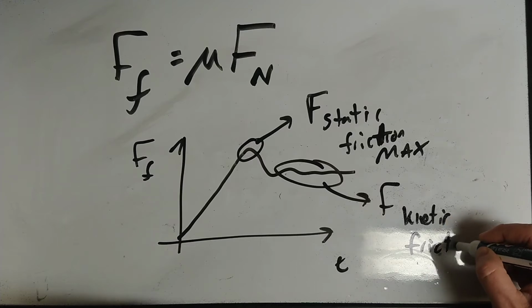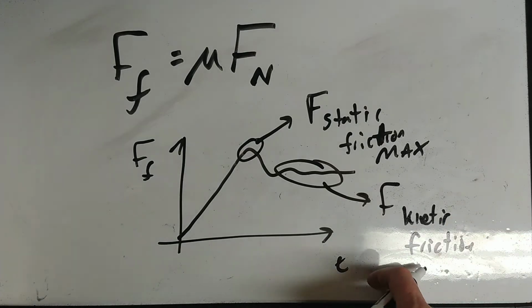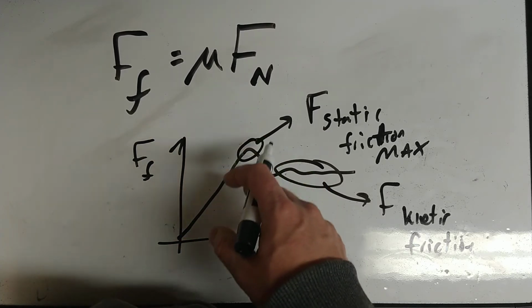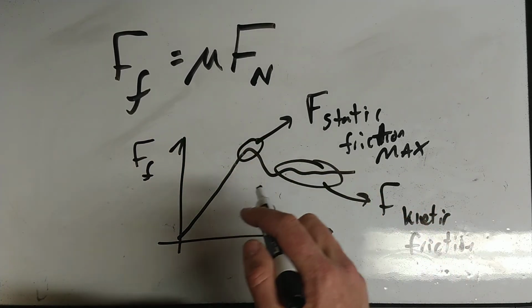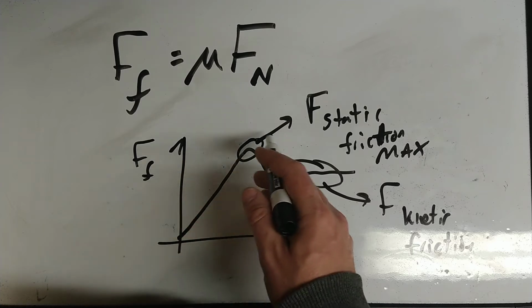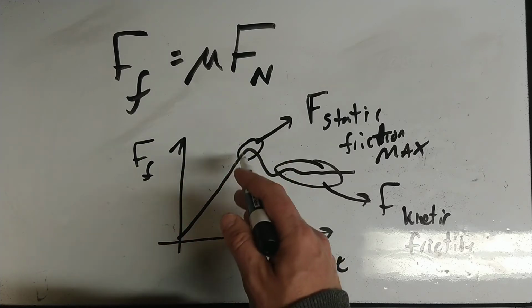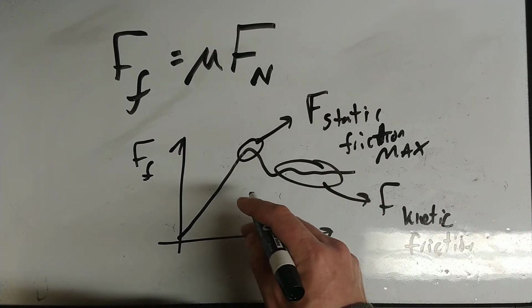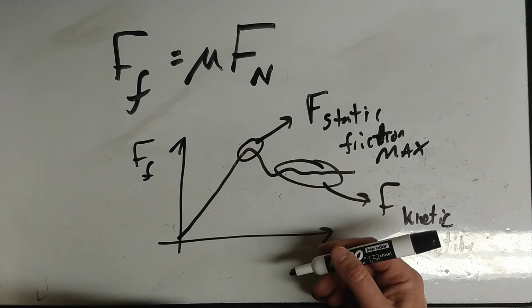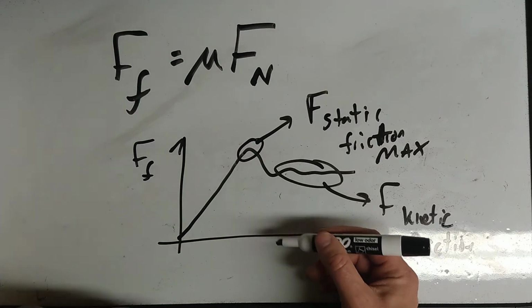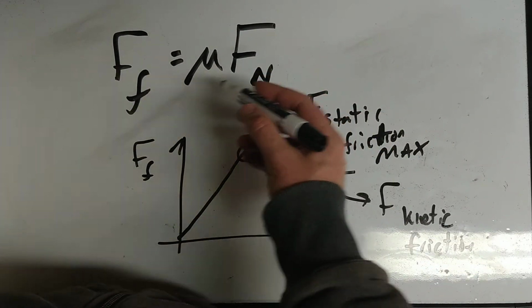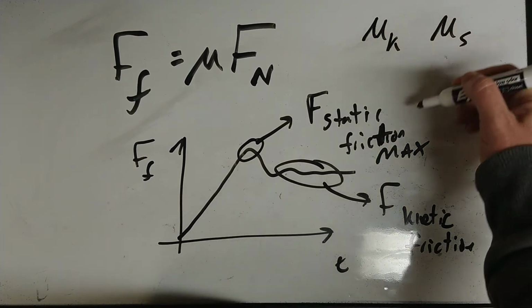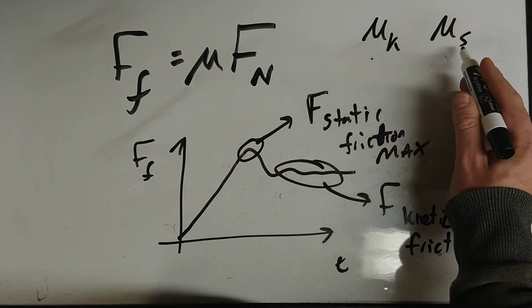Now, as a rule, it usually takes more force to get something moving than it does to keep it moving. The amount of force it takes to break this thing free and get it sliding is always a little bit more than the amount it takes to keep it sliding. So in a table of coefficients of friction, we see two different values: mu k and mu s, the kinetic coefficient and the static coefficient.